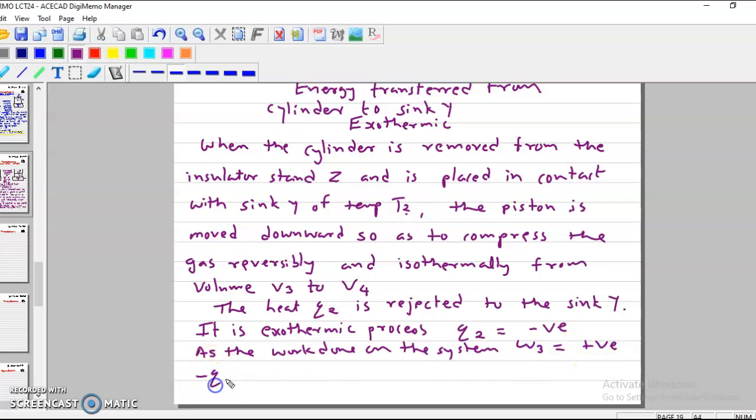So here we write minus Q2 is equal to W3 is equal to 2.303 RT2 log V4 upon V3. Okay, so this way we have this equation to find out work in the third process.